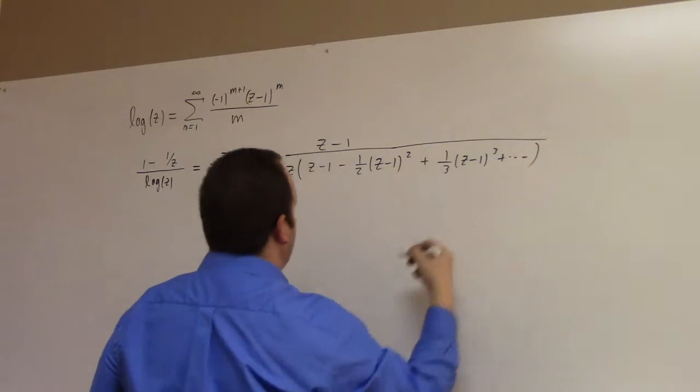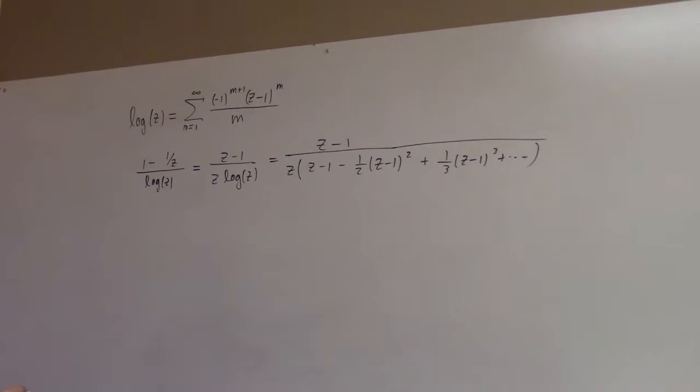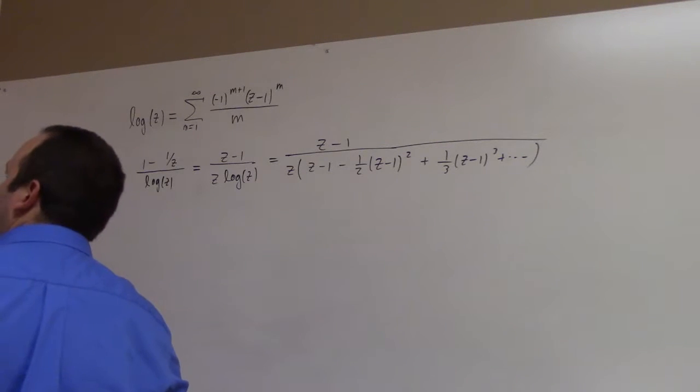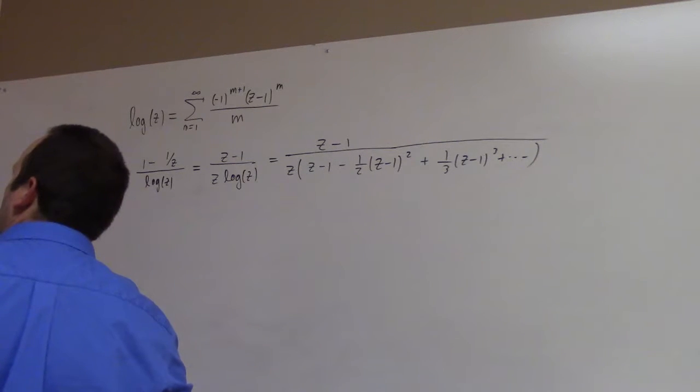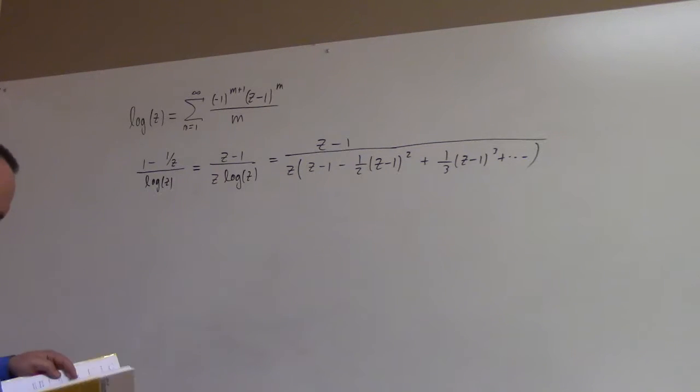I'm not sure if this is helpful, guys. I'm just playing with stuff here. It may have nothing to do with what we're doing. And then what? That's z, that's z, that pesky, pesky z. I mean, I can divide this, right?